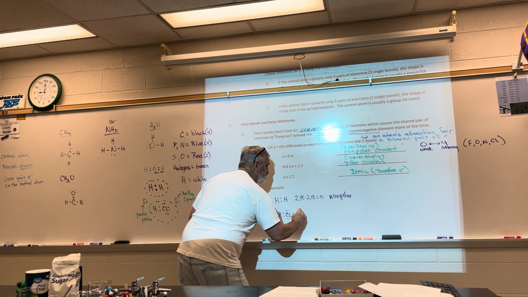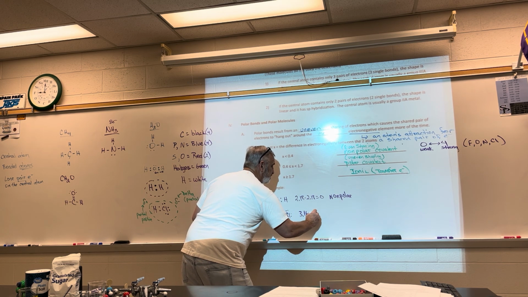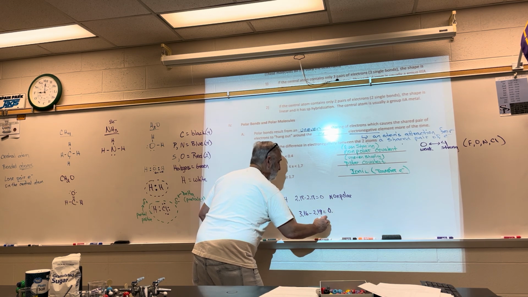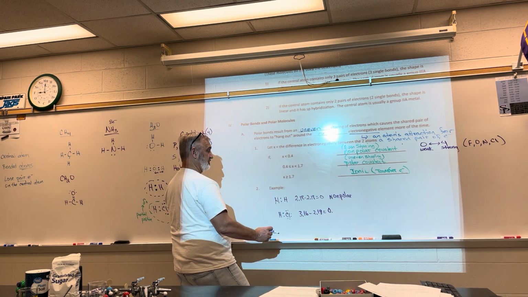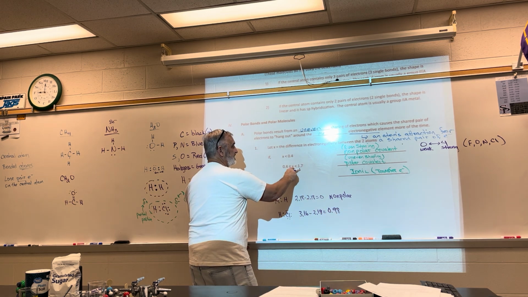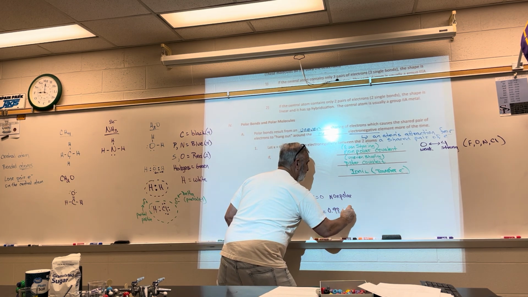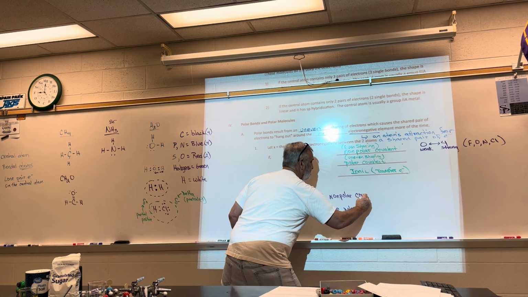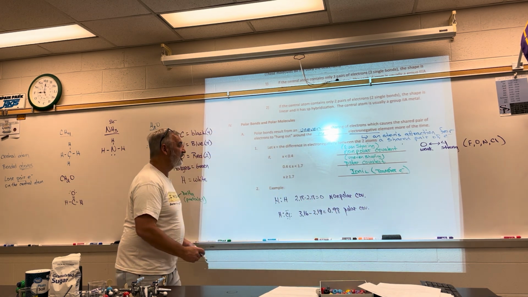You have 3.16 minus 2.18, which equals 0.98. That's going to fit right into here. That's going to be a polar covalent bond. This is nonpolar covalent, and this is uneven sharing.